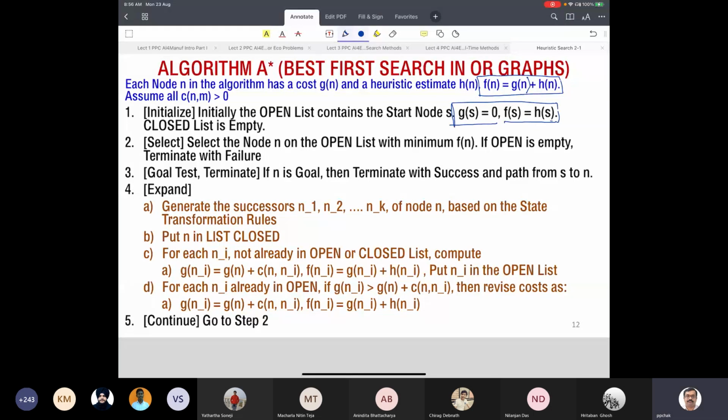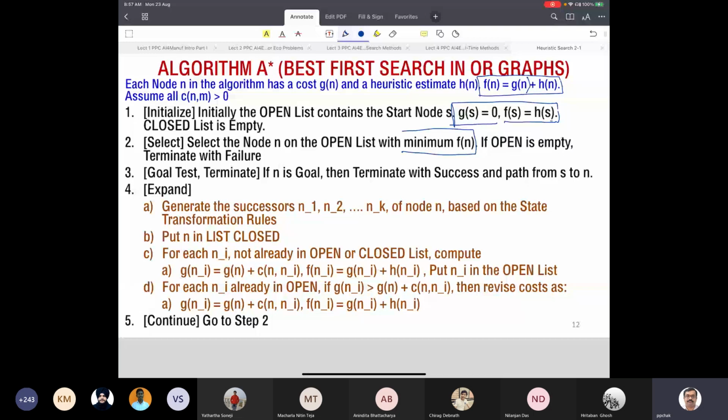Now in select, in breadth first search or depth first search, we were selecting the first node. Since we are to find the minimum cost solution, an equivalent of breadth first search here would be to select the node from the open list which has the minimum estimated cost.